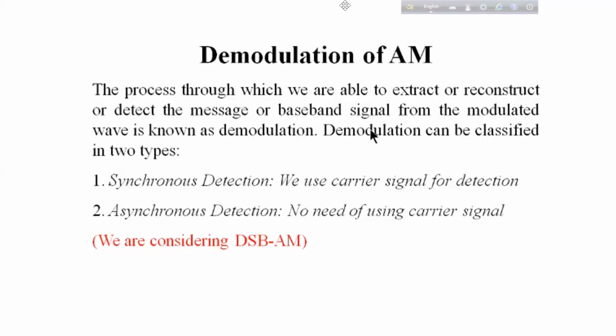The definition of demodulation says that, in the transmitting end, we modulate the message signal with the high frequency carrier signal, do some further processing, and send that modulated signal by channel to the receiving end.